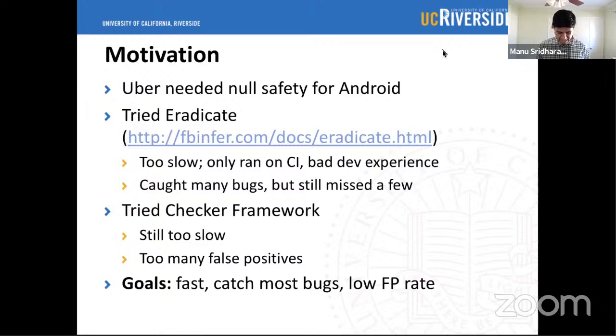So the goals that we had when we decided to build NullAway was to try to make it fast, try to catch most bugs. Note that I don't say all bugs. We're willing to compromise in some areas in order to make the tool usable. And we wanted to have a very low false positive rate.